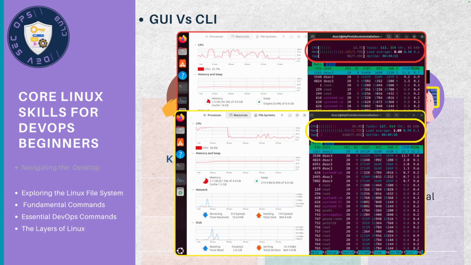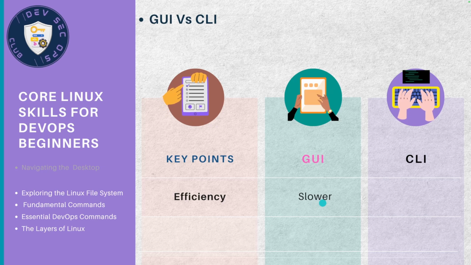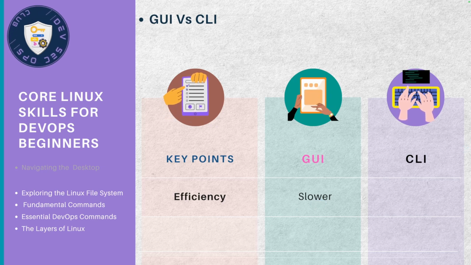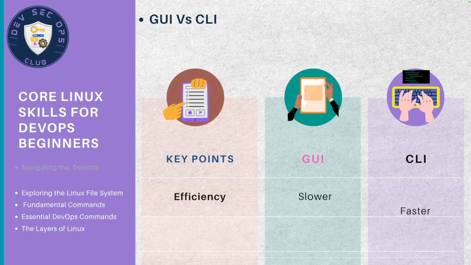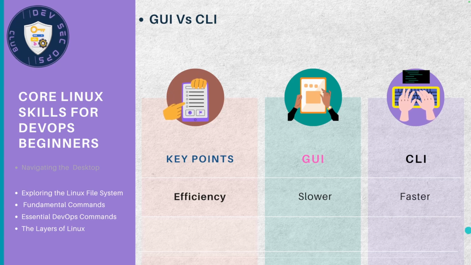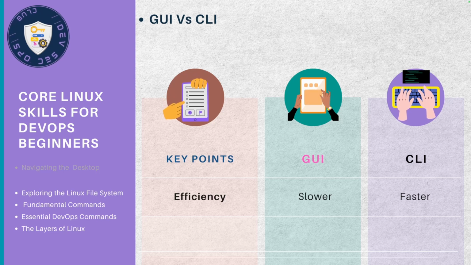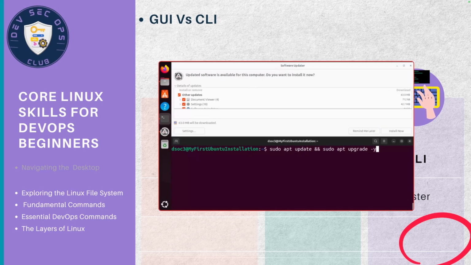Then we go and see the next one: efficiency. GUI can be slower for repetitive tasks, because you have to click through menus and windows, while CLIs can be much faster for tasks where you have to perform something repetitive.